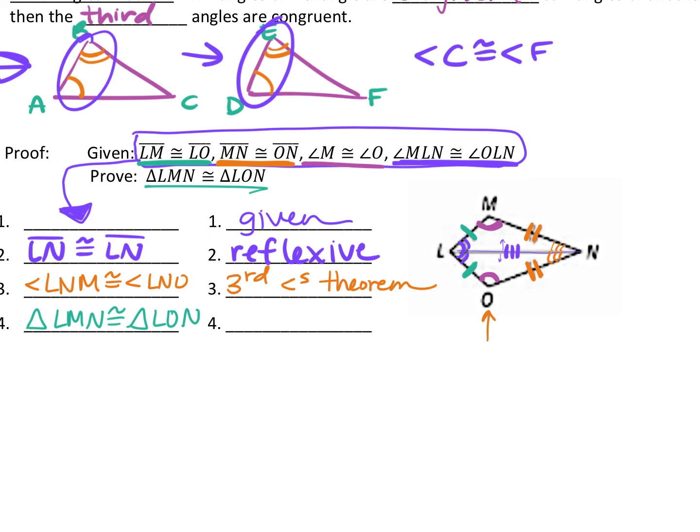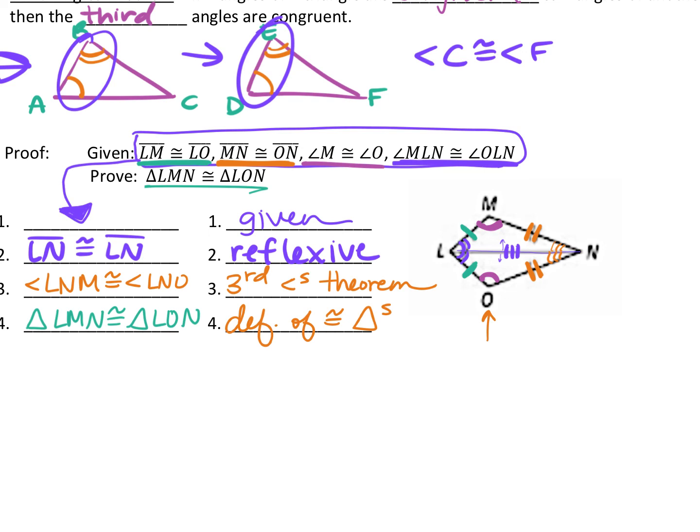We said we needed 6 things to be able to prove it, right? All the corresponding sides and all the corresponding angles are congruent. So that is by the definition of congruent triangles, right? Congruent triangles have 3 corresponding sides that are congruent and 3 corresponding angles that are congruent. So by the definition of that, we know the triangles are congruent.